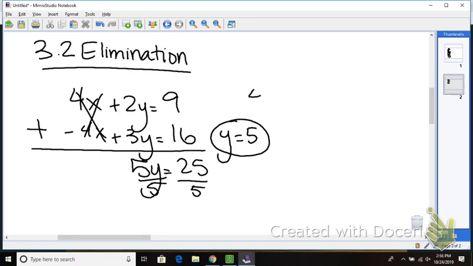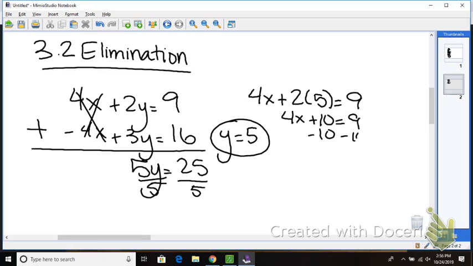So I would have 4x plus 2 times 5 equals 9. So I have 4x plus 10 equals 9. So I have 4x equals -1. And then I need to divide by 4. And I get x is equal to -1/4.